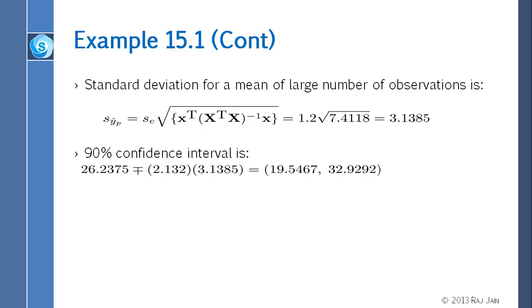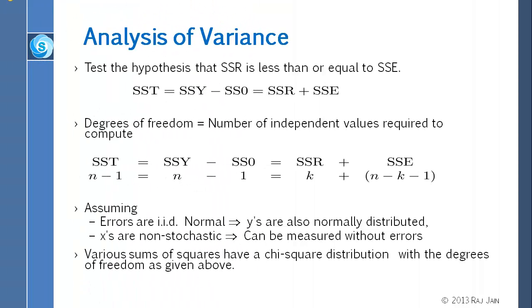Okay? And so let's go through something called analysis of variance, generally called ANOVA. Basically, the total sum of squares, sum of y minus SS0, is equal to SSR plus SSE. So whatever is explained by the regression and whatever is not explained by the regression, that is equal to the total.